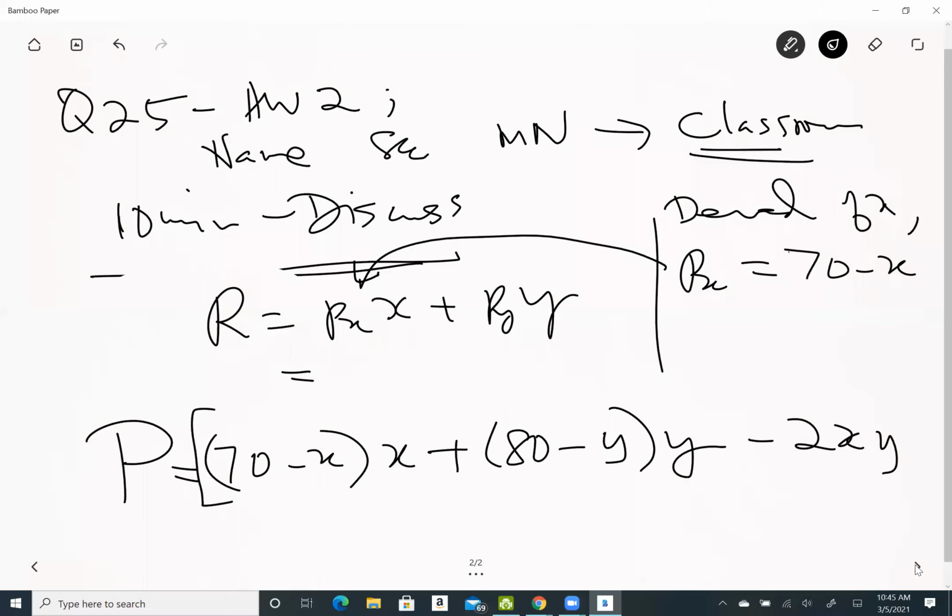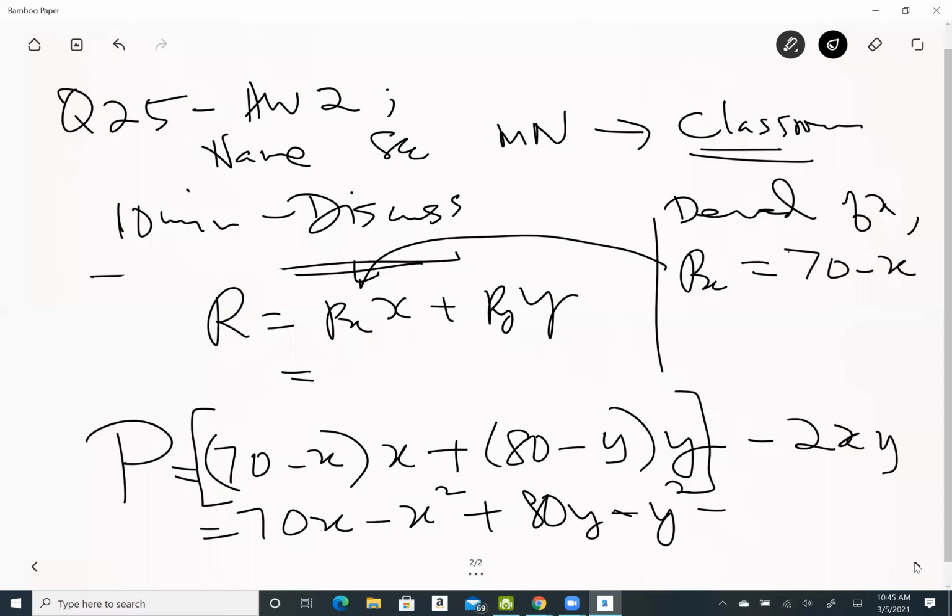So put the bracket on the revenue. If you don't, that's fine, because there is no subtraction sign, it's just a normal simple addition. So you got the profit, which is equal to 70x minus x squared plus 80y minus y squared minus 2xy. So that is our profit function.